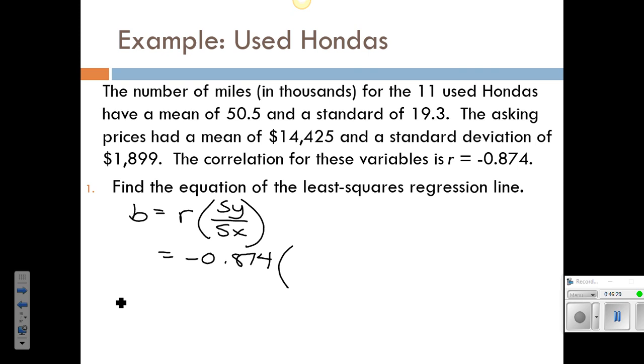So correlation's negative. Negative 0.874 times standard deviation, which is 1899 over 19.3. Is that right? Behold the magic of statistics. You can't see my answer.